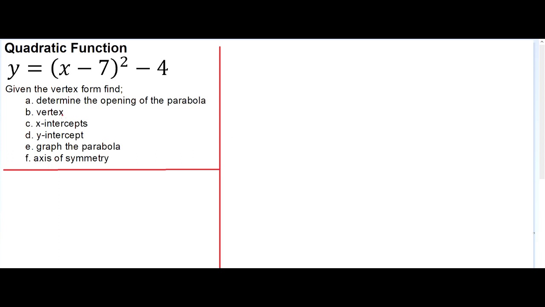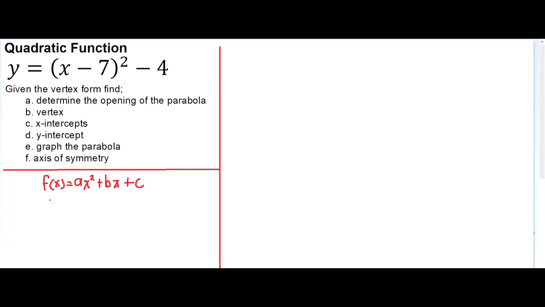Now, first is to determine the opening. Now, how do you determine the opening of a parabola, of a quadratic function? Meron tayong tinatawag na vertex form at standard form. Wherein, ipaalala ko lang, ang standard form is f of x is equal to ax squared plus bx plus c.